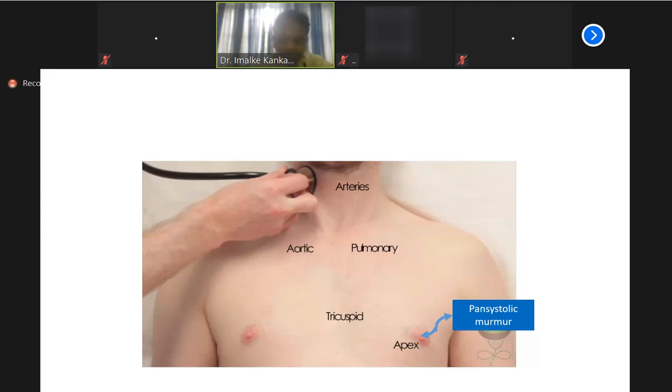In your exam, if you hear a murmur best heard at the apex, that has to be a pansystolic murmur, which, unless proven otherwise, is mitral regurgitation. This scenario will come to you in the presence of rheumatic valvular heart disease, so the child will be around 14, 15, 16 years.